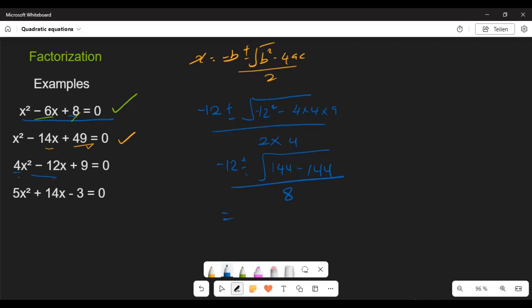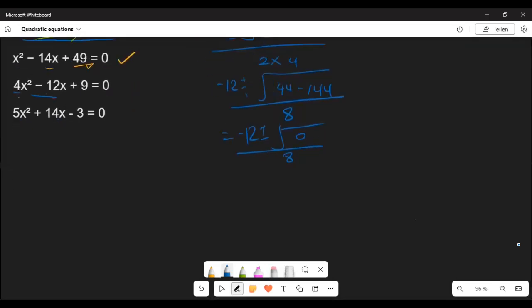In this case, we have minus 12 plus minus the square root of 0, over 8. As we look at this, we have minus 12 over 8, and that's the only thing, because here we have 0.